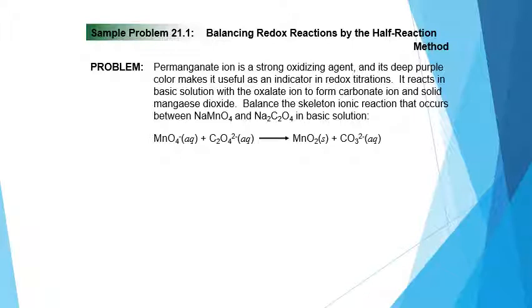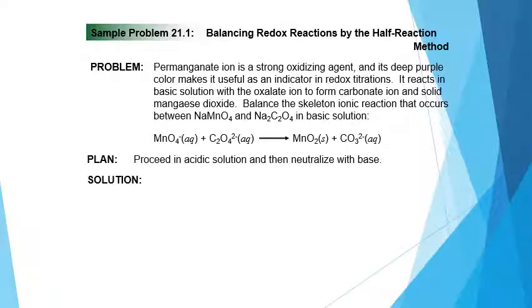This reacts with the basic solution of the oxalate to form carbonate ion and solid manganese dioxide. Now we have to balance the reaction with the carbonate ion and the solid manganese dioxide in basic solution. So we just have to use our previous idea. We have to determine which one is reduced and which one is oxidized.